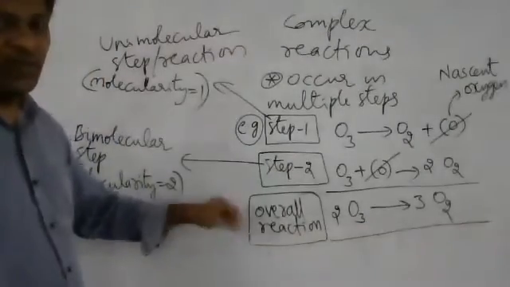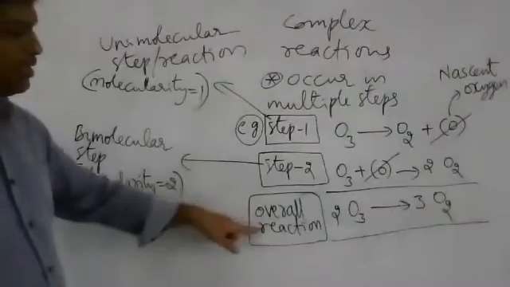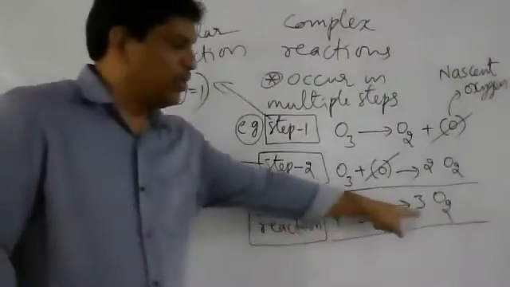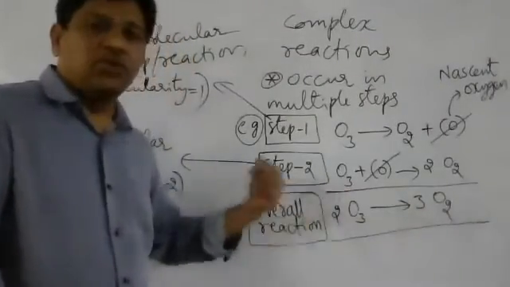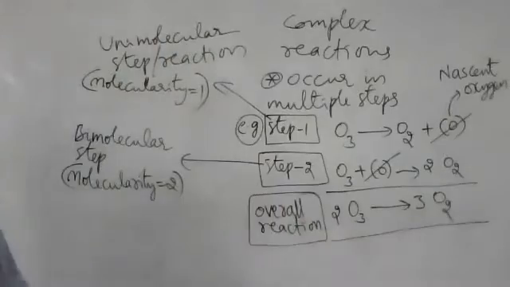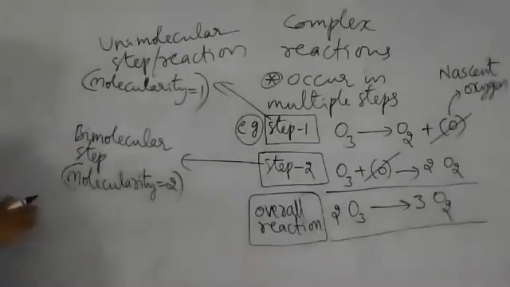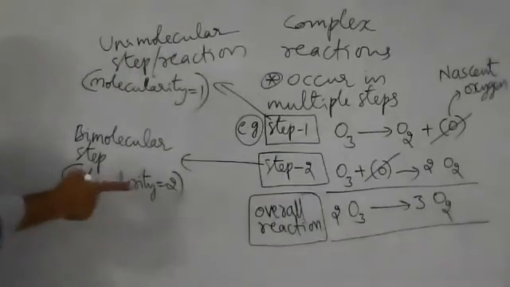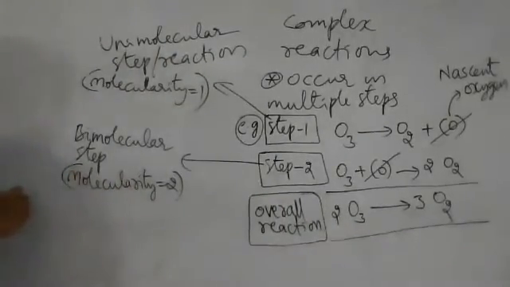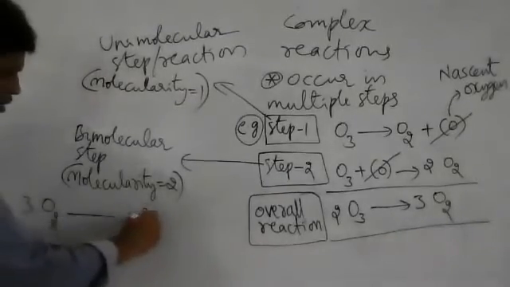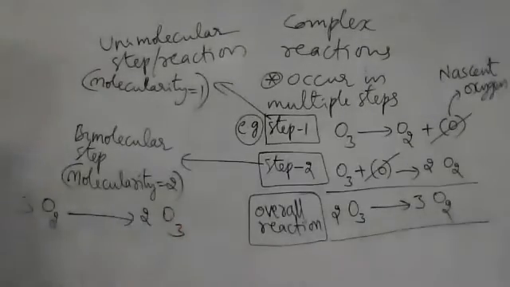If you reverse this given equation, on reversing the overall reaction we get 3O2 gives rise to 2O3.